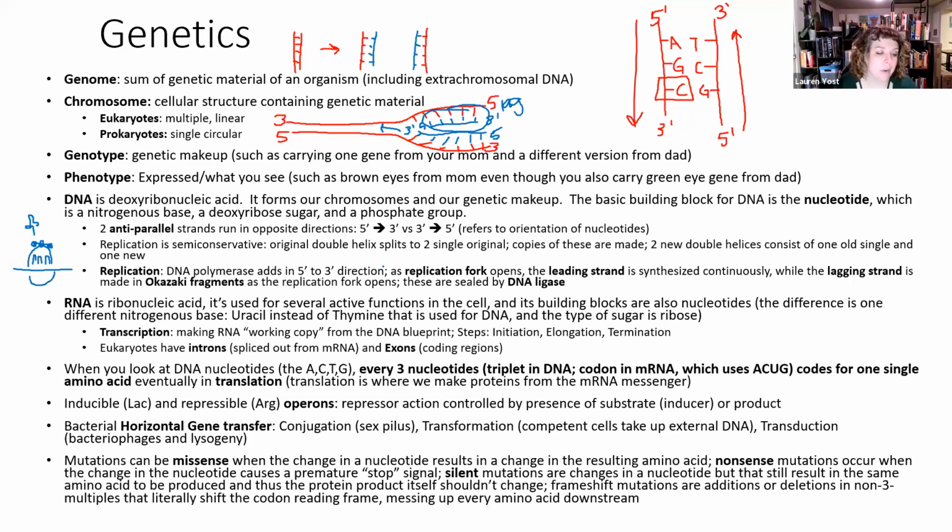The other operon that we talked about was the arginine operon, which was a repressible operon. So it's on. It's going to be making arginine, which is an amino acid. It's going to be manufacturing that amino acid for the cell until so much of it has been produced that it will associate with a repressor and cause that repressor to change shape so that it can now bind back on to the operator, and we shut down manufacturing of those proteins associated with manufacturing arginine.